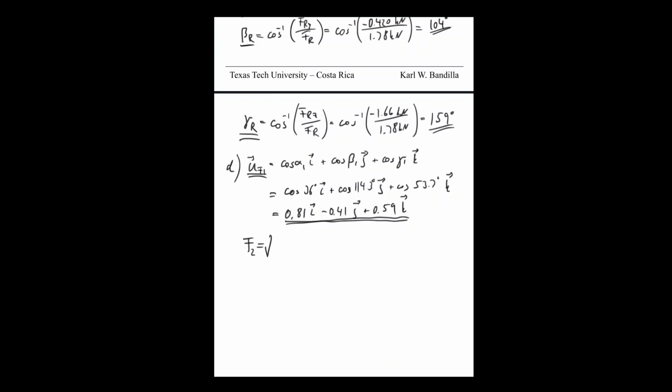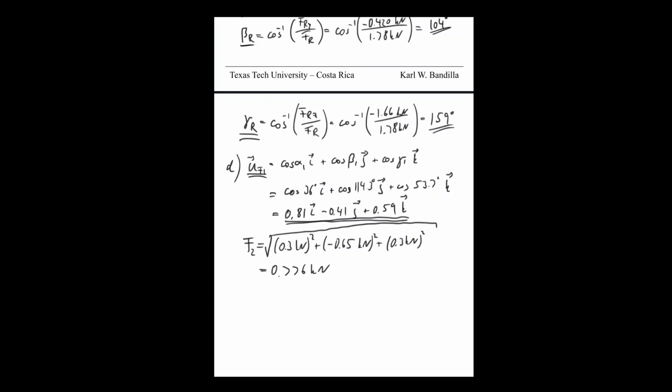That's the square root of all the squares: 0.3 kilonewton squared plus minus 0.65 kilonewton squared plus 0.3 kilonewton squared, and that gives me 0.776 kilonewton. That's the magnitude.